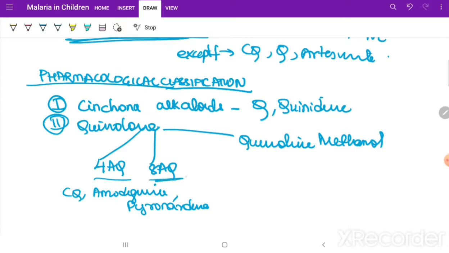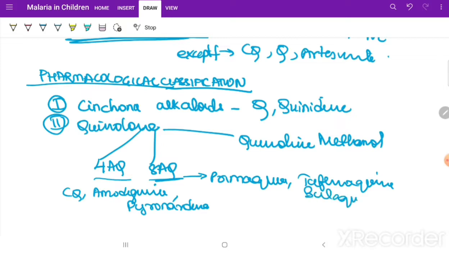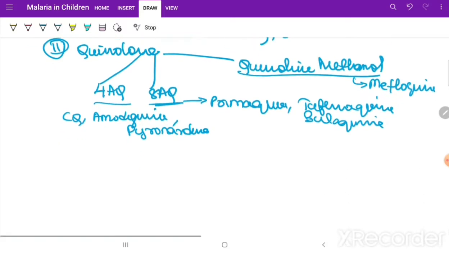In 8 aminoquinoline, we have primaquine, tafenoquine and bulaquine. And in quinoline methanol, we have mefloquine. Alright, number 2 is done.